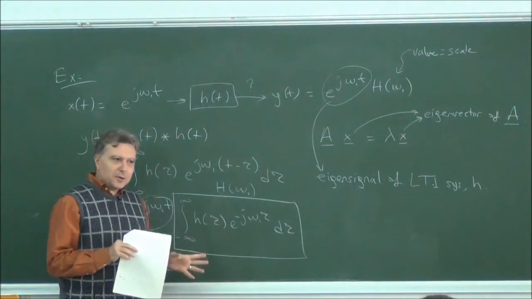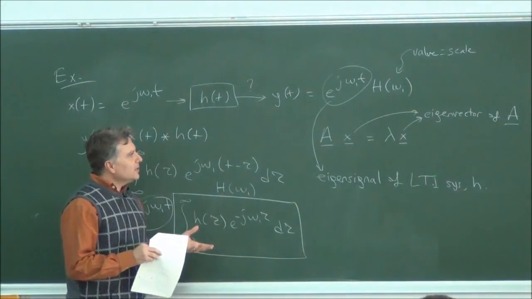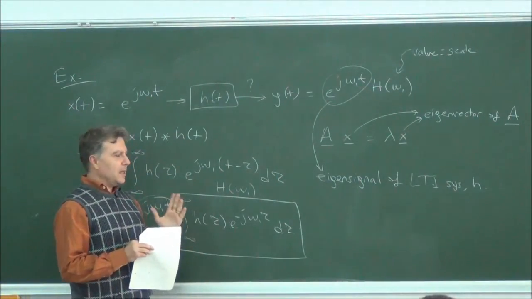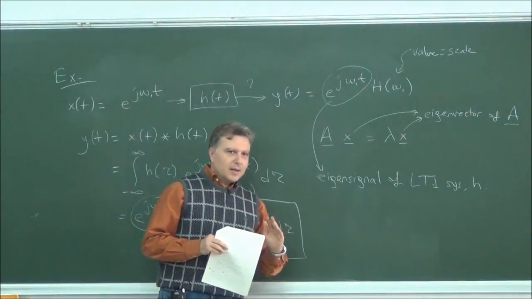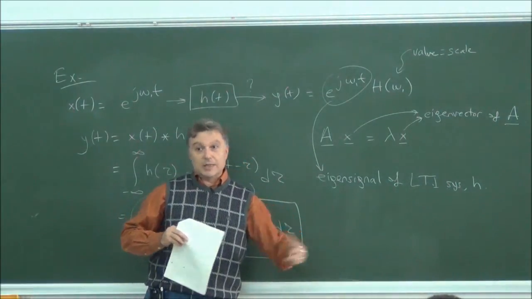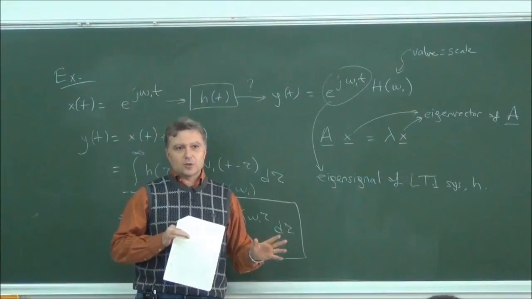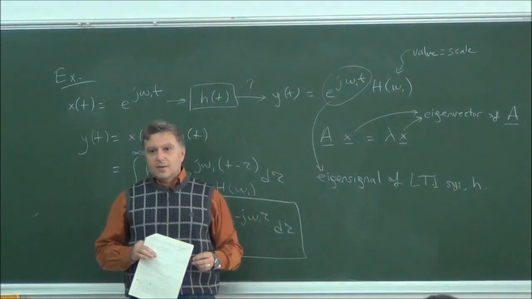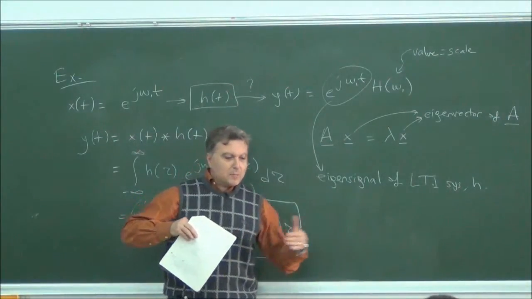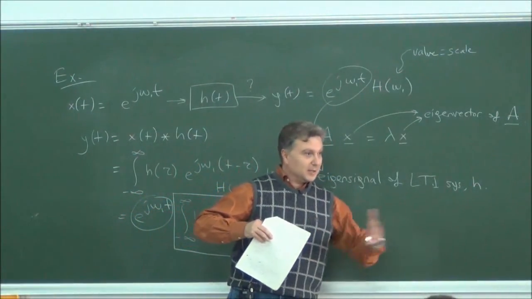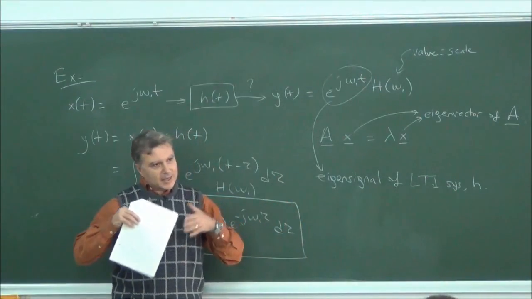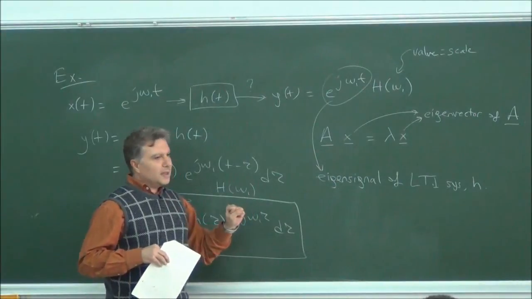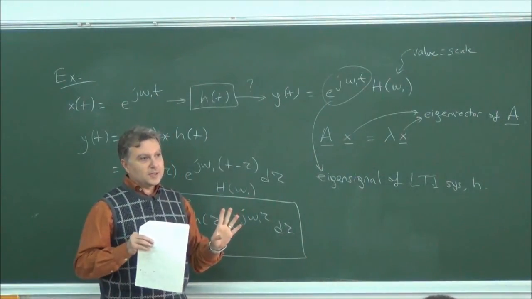And eigensignals are very good. They don't change. This doesn't happen to any other kind of signal. For example, when an impulse comes in, it's not an impulse that goes out in general. I'm talking about all sorts of LTI systems. What goes out? If an impulse comes in, the impulse response goes out, and they are different. It's not an impulse. But if a sinusoid comes in, a sinusoid goes out. That's an outstanding property of sinusoids.